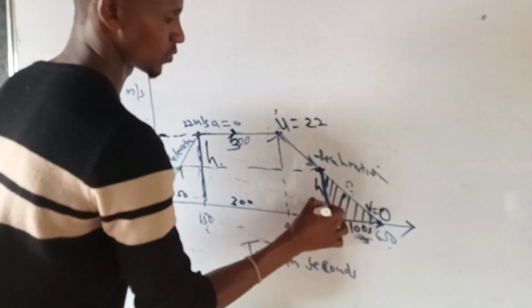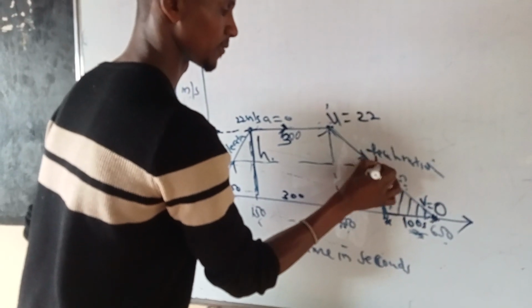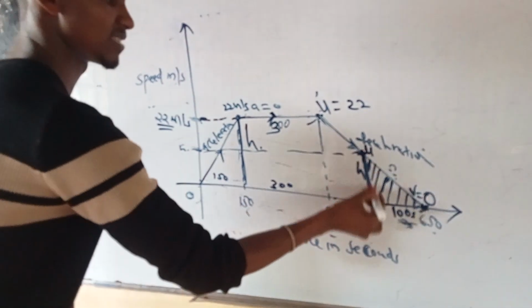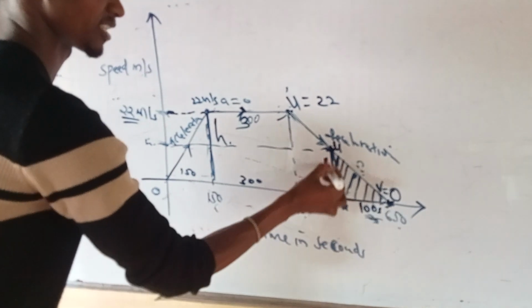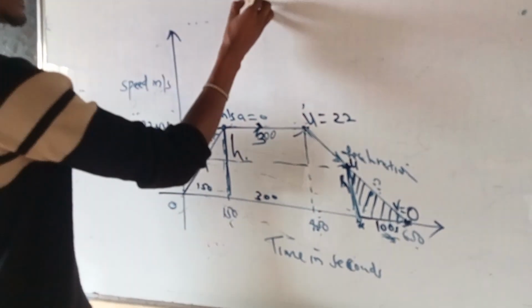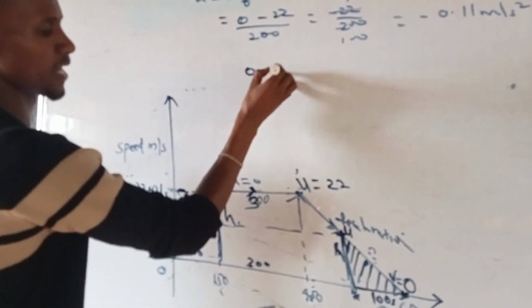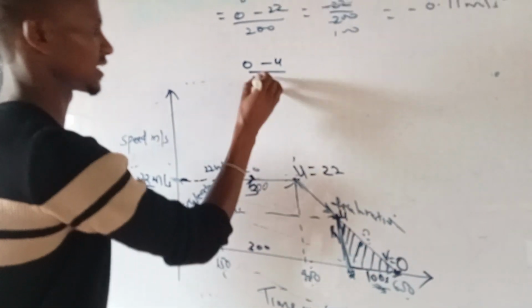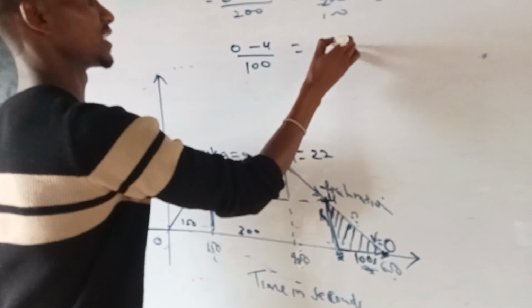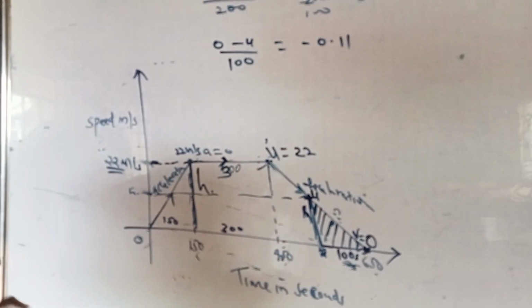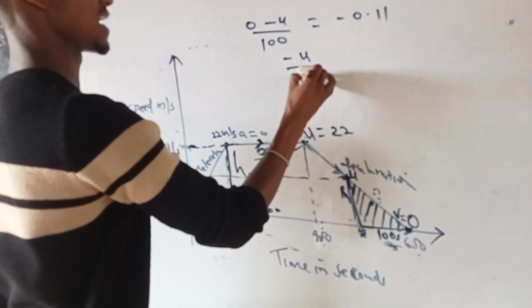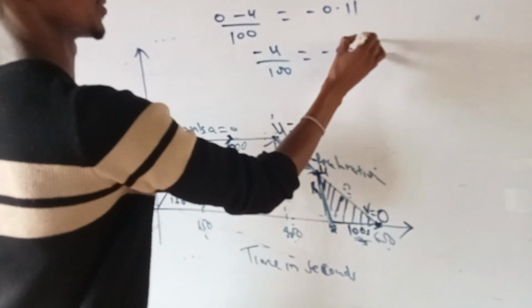So we can say that this is our u and our v is that, so that we get the maximum velocity here, which is represented by our height. So we will say that 0 minus u divided by time, which is 100, is equal to negative 0.11. So negative u divided by 100 is equal to negative 0.11.